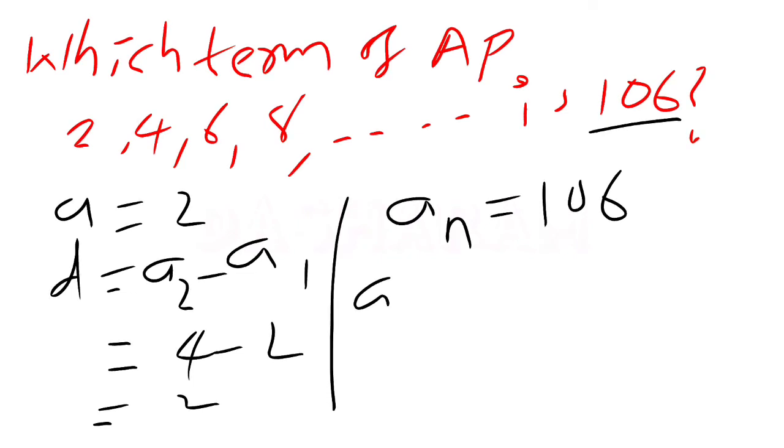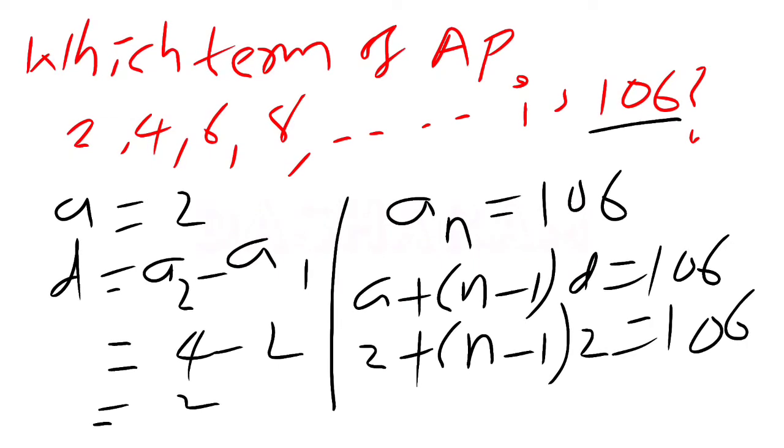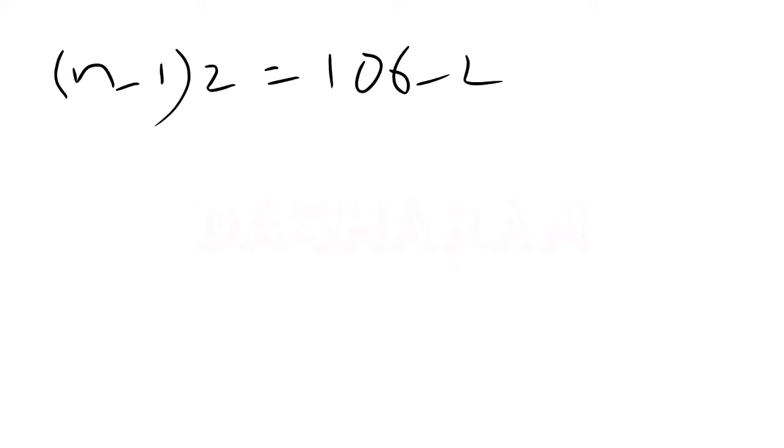So the an formula: a plus n minus 1 into d equals 106. A value 2 plus n minus 1 into d value, also 2, equals 106. So n minus 1 into 2 equals 106 minus 2. So n minus 1 into 2 equals 104.